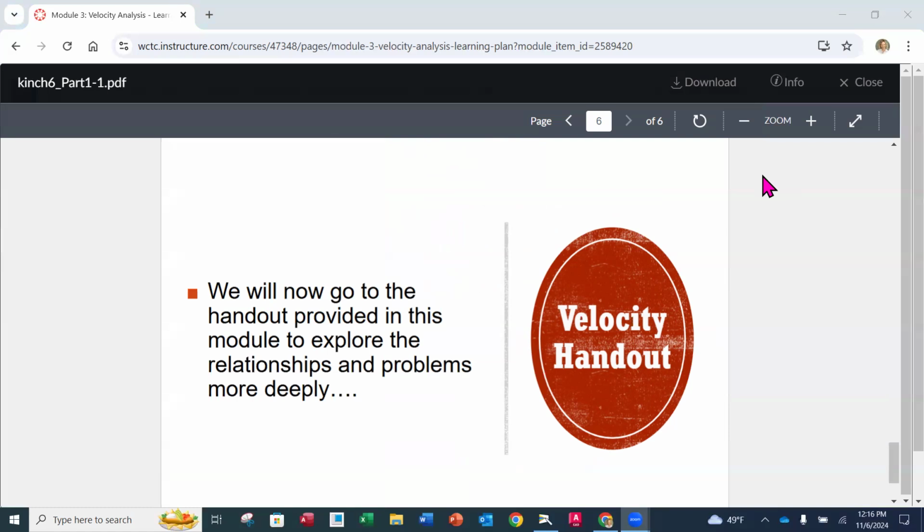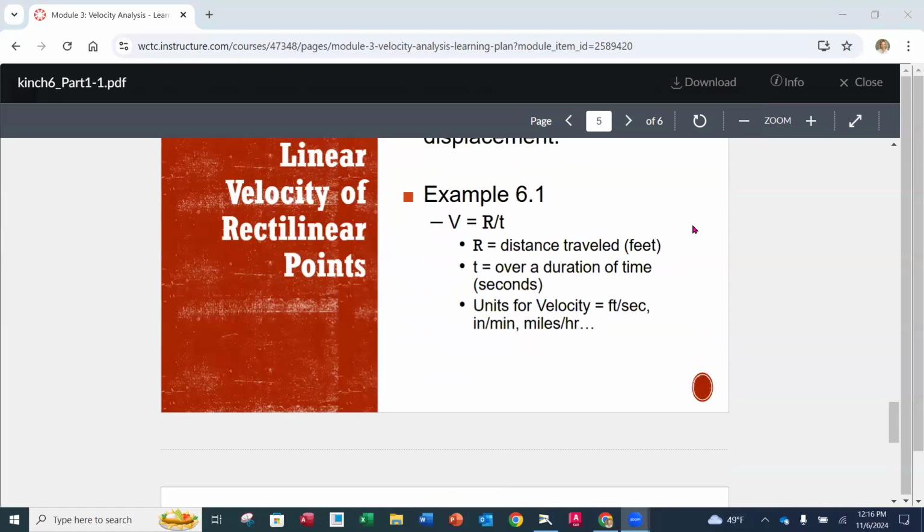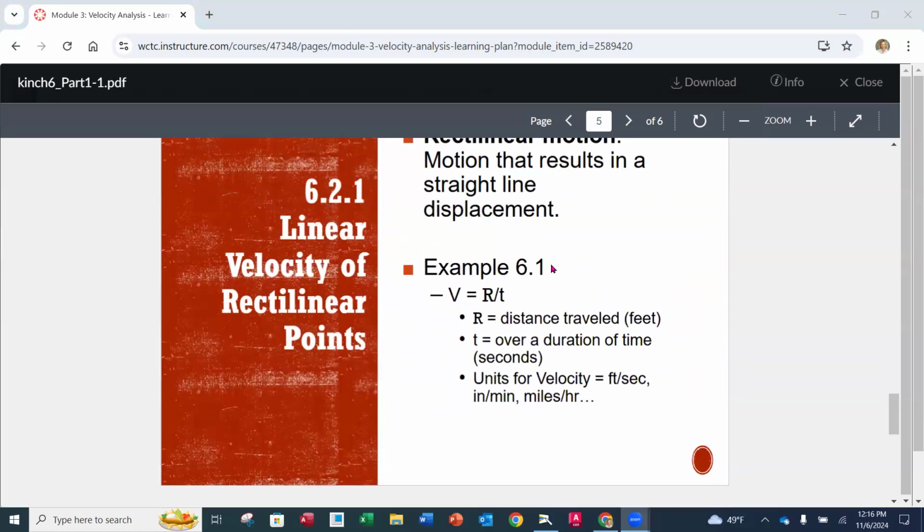Okay, so now, let me go back over here. I want to look at example 6.1. This is the first example that we're going to be handing in as part of our practice problems. This example is found on page 124 in your book. What you are going to do is write down work only, calculations only.